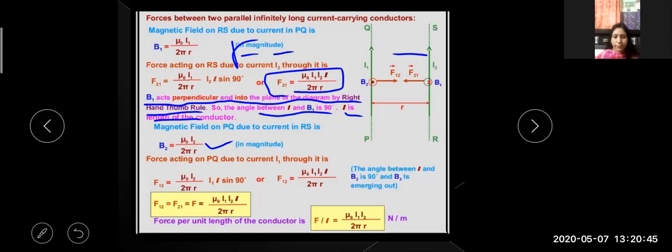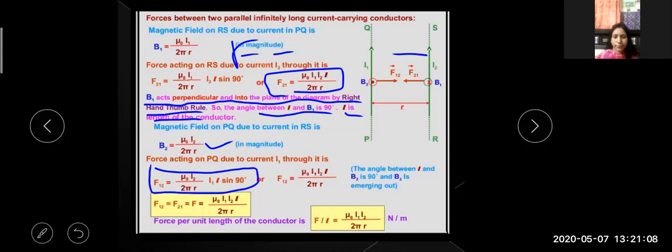Now conductor PQ carrying current is kept in this magnetic field. So the force experienced by conductor PQ carrying current I1 is given by F12, which is mu naught I2 upon 2 pi R times I1 L sine theta.